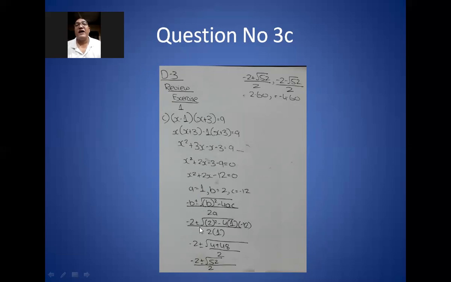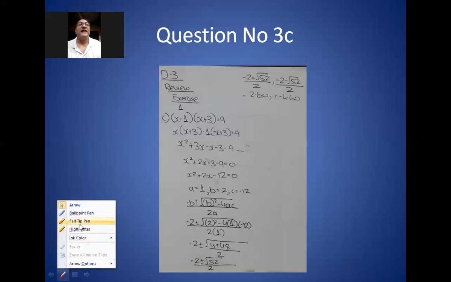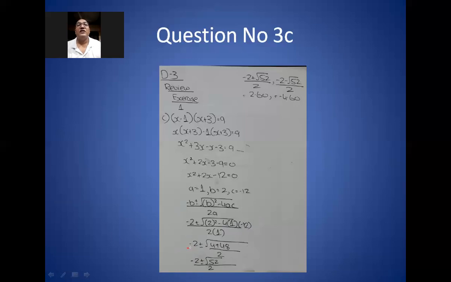So you will have minus 2 plus minus under root 2 squared minus 4 into 1 into minus 12, the whole thing divided by 2 into 1. So you will have minus 2 plus minus under root 4 plus 48, and the whole thing divided by 2. Sorry, the division sign applies to the whole thing up to here. So you will have minus 2 plus minus under root 52 divided by 2.